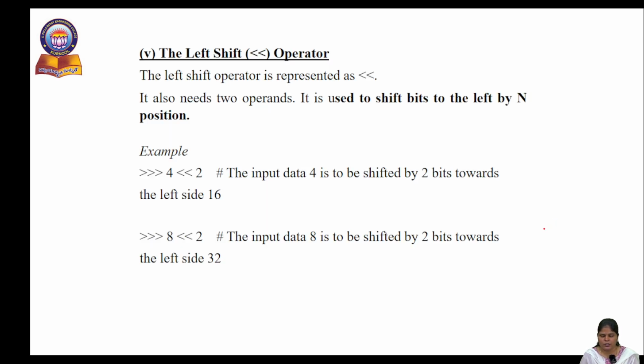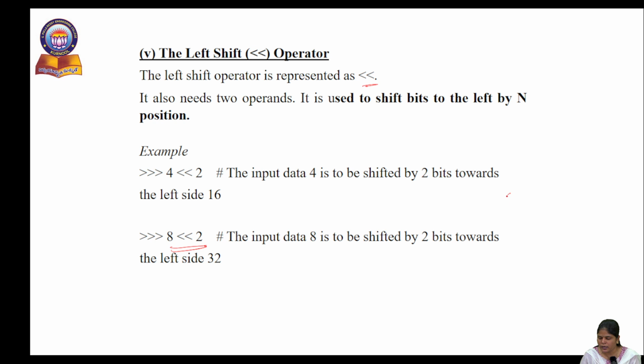Coming to the left shift, which is opposite to that of the right shift. As the arrows are directed towards the left, it is a left shift. Here we will perform the same example we considered for the right shift. Let us take 8 left shift 2.